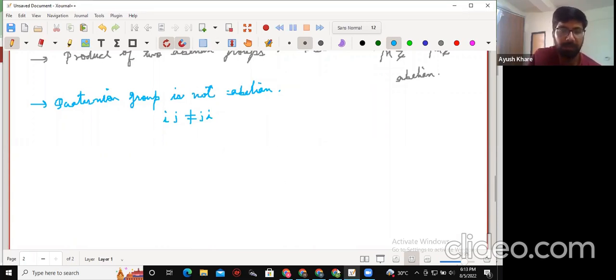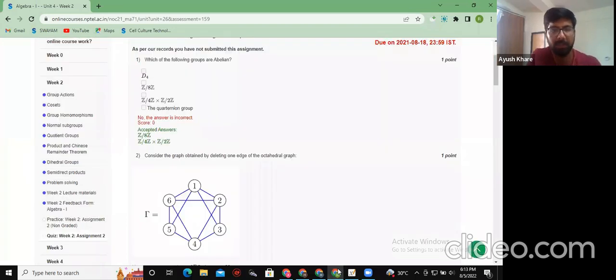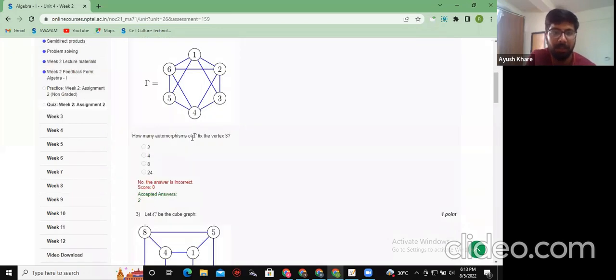So the first question was an easy question, so we all can do it easily. Now let's come to the second question. The second question says, consider the graph obtained by deleting one edge of the octahedral graph. Which of these automorphisms of this graph fix the vertex 3? So, do you know what a graph automorphism is? Anyone?